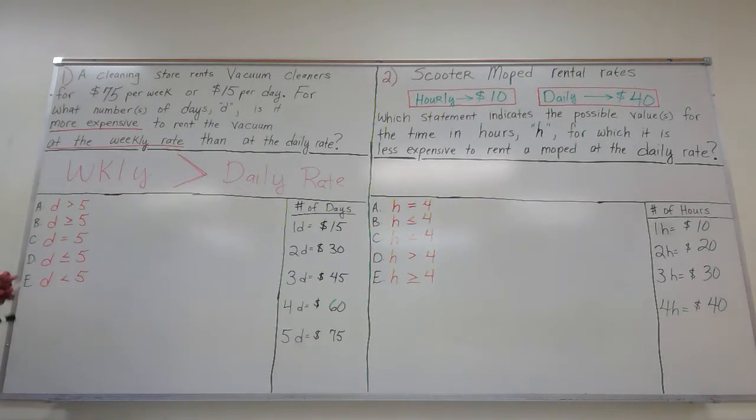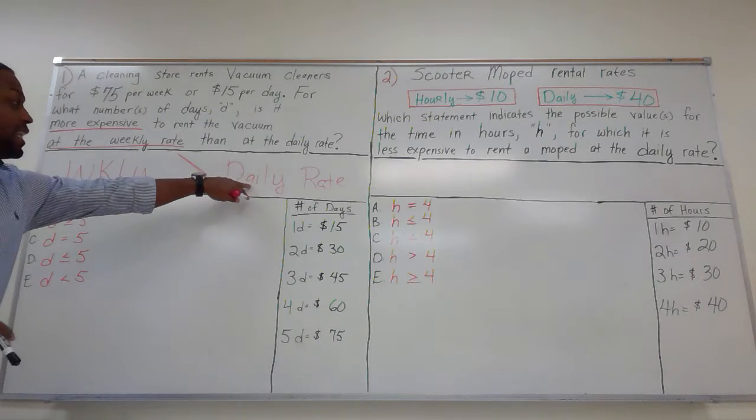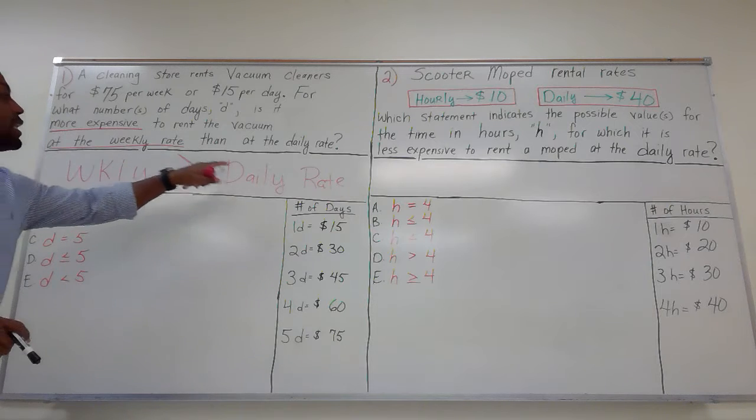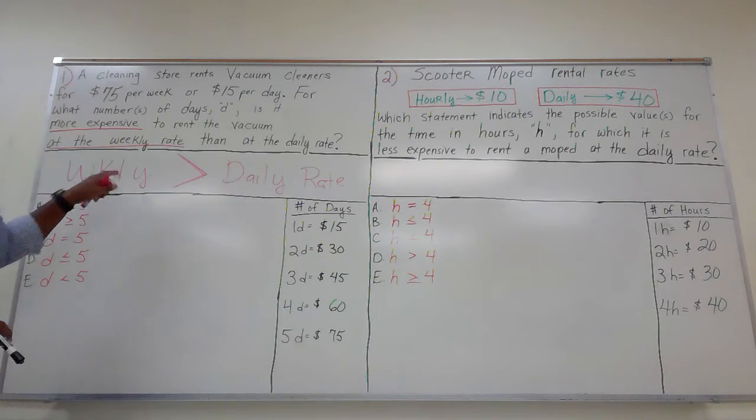Now, as I move over to my answer options, I realize that these are my daily rate options. One of these daily options is going to be less than the weekly rate.